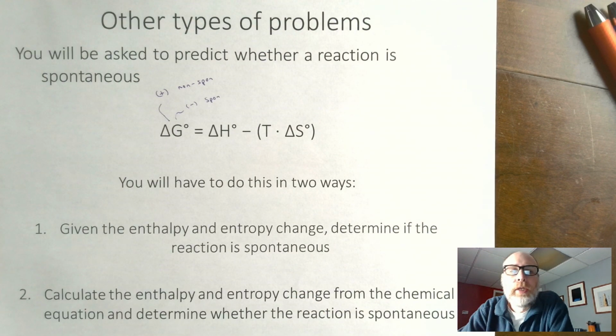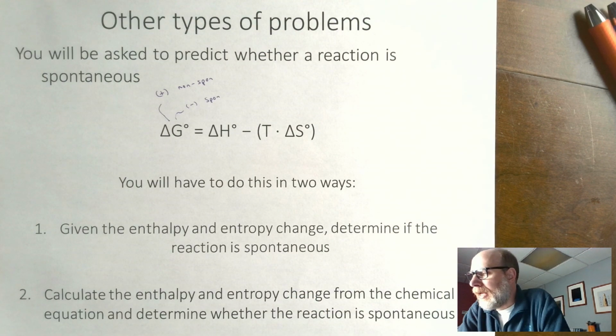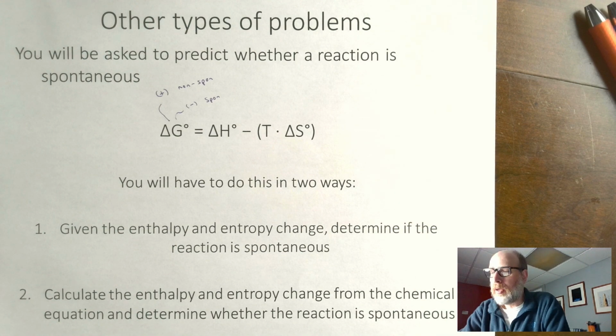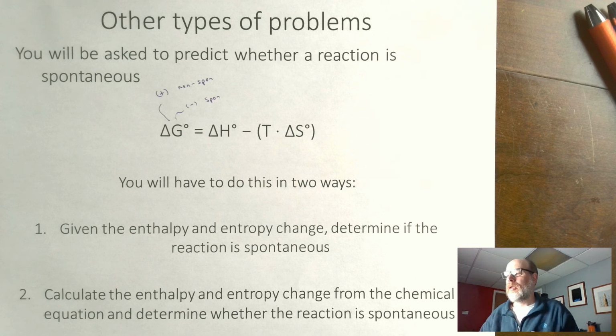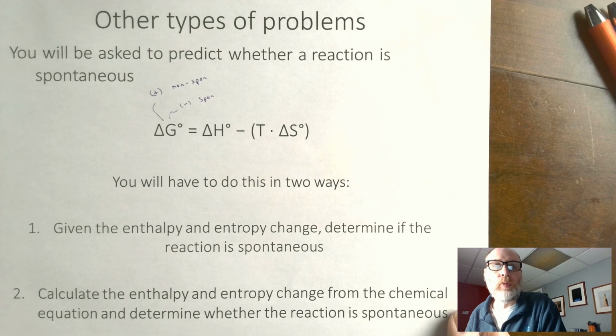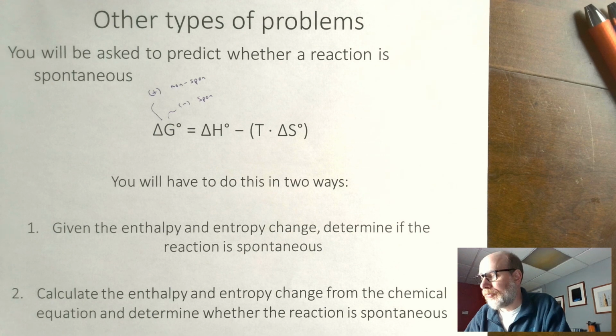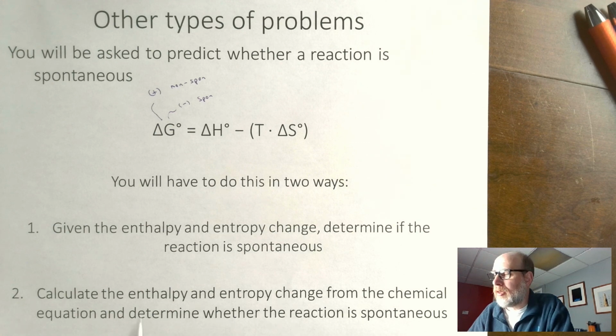And so we can look at the enthalpy, we can look at the change in entropy, and we can try to determine whether something will be spontaneous or not, whether a chemical reaction would be expected to move forward based solely on the energetics. There are two different ways that we'll use that.